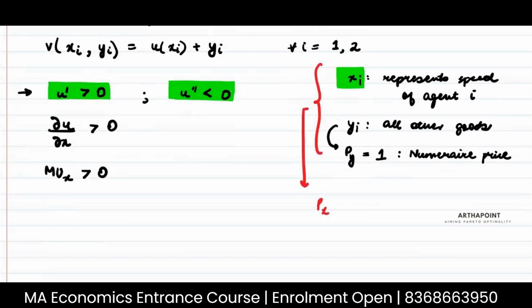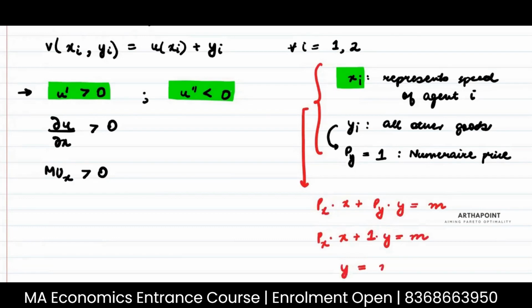Price of X into units of X plus price of Y into units of Y is equal to the income of the consumer. When I put PY as 1, I am saying price of X into X plus 1 into Y is equal to M. So Y is equal to M minus PX into X.